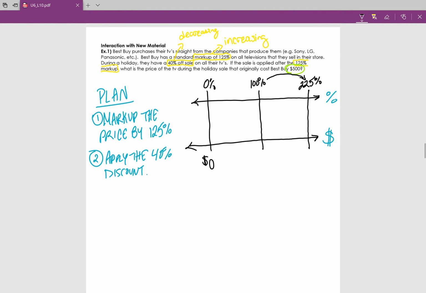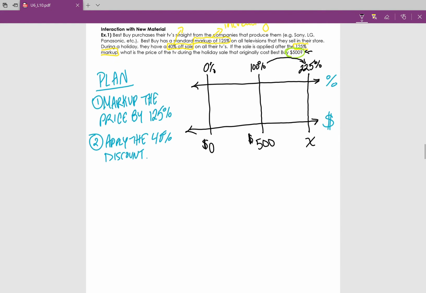Now, do we know the markup price? No. Do we know the price that we paid for it? I see it right here. So yeah, we have $500. So using this number line, we can definitely figure out what the markup price is. We can use that same formula that we used yesterday, and in the think about it today, we use quantity, Q, my apologies, equals the percent in decimal form times our whole.